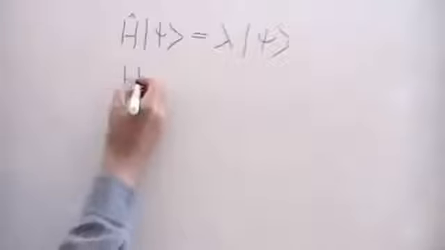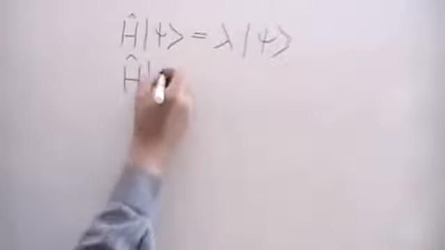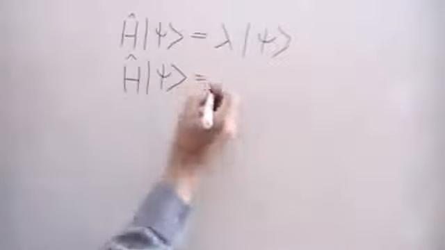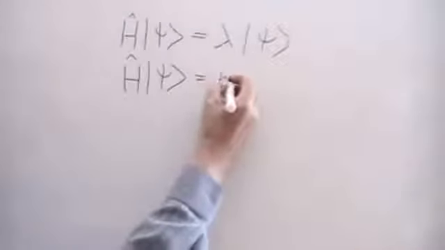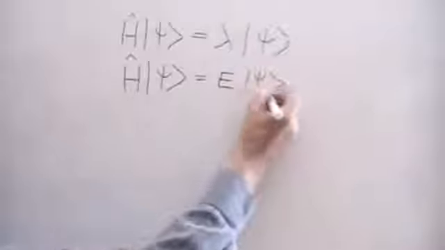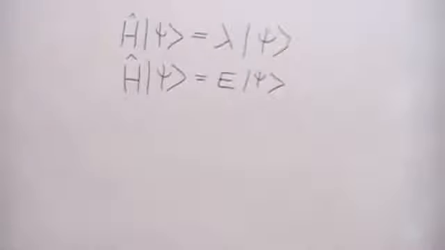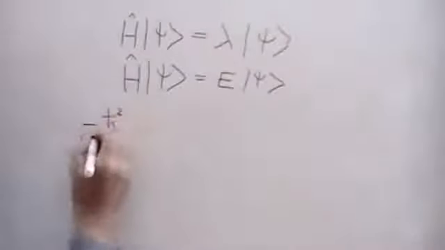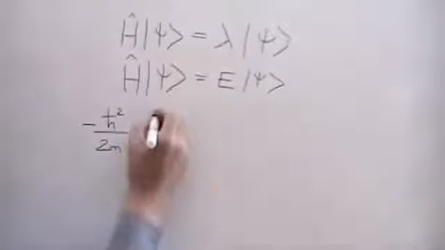Just for the video, we're going to be interested in an operator which acts on a state to tell us what the energy is. So now the eigenvalue is going to be energy. I just want to remind you of a formula which we developed when I developed the Schrodinger equation. There are two types, the time-independent and the time-dependent Schrodinger equation. I'm looking at the time-independent. This means it won't have a time term in it.